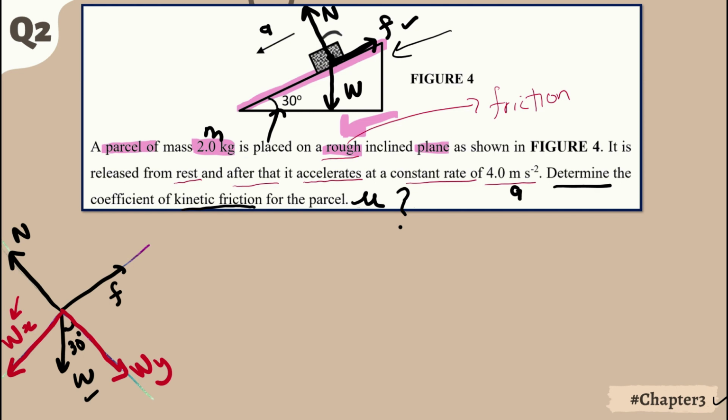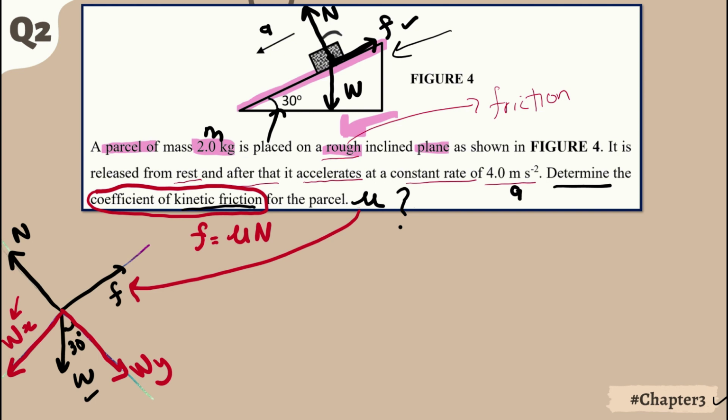Now we want to find the coefficient of kinetic friction, and we can get this from the equation of friction, that is F equals mu N. This means we are going to solve this question using the x-axis because our friction is in the x-axis.